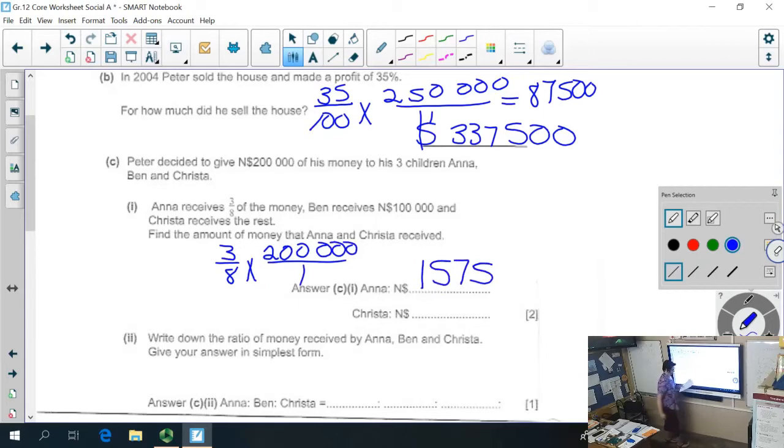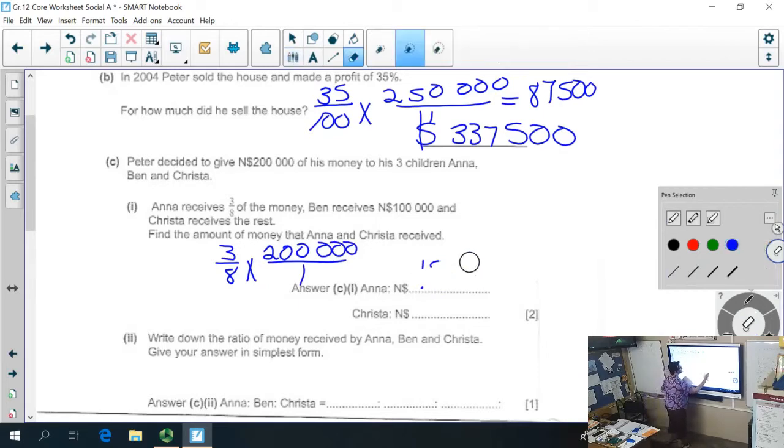Oh, no, sorry. I'm looking at the wrong place because this answer is in pulas. So no, 75,000. Sorry. And then Krista. So now you just subtract it from 200,000 and it is 25,000 for Krista.